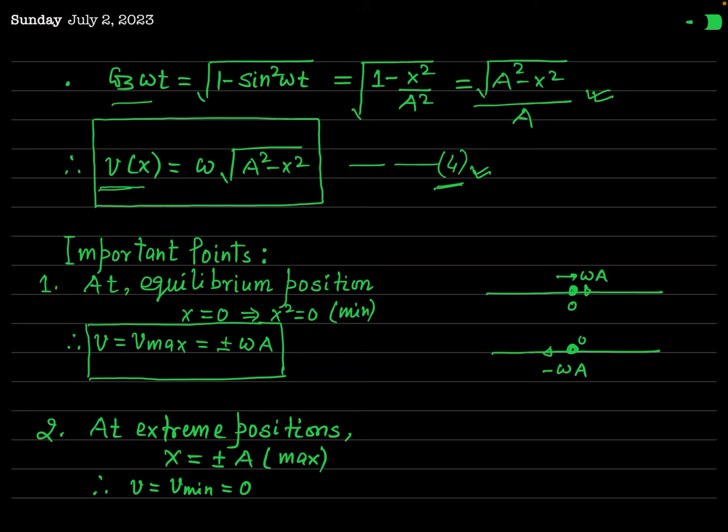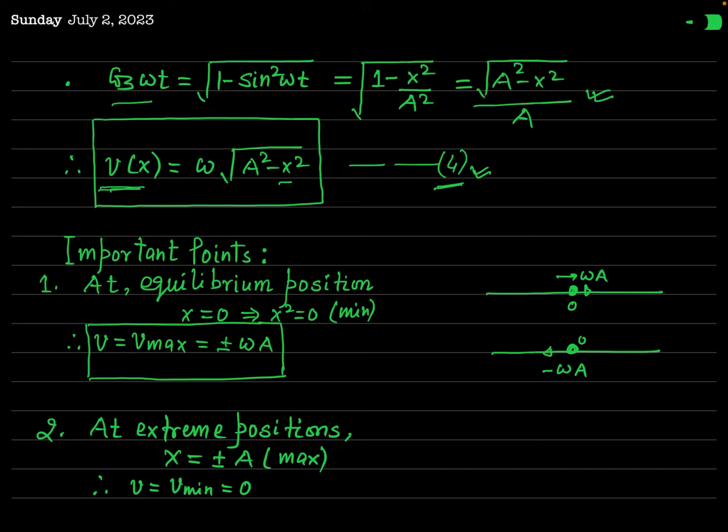Okay? Now, after getting the expression for velocity of the particle executing SHM, let us see some of the important facts regarding this velocity. Okay? As you can see, since the velocity of the particle depends on x, that is the position of the particle, for different positions the velocity will have different values.